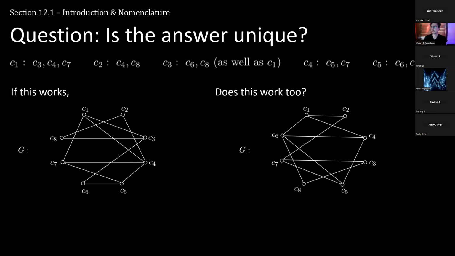The answer is not unique because we can permute the labels, and we can also choose where to place the vertices. What is important is that the adjacency structure of the graph is the same, that everything is related to everything.